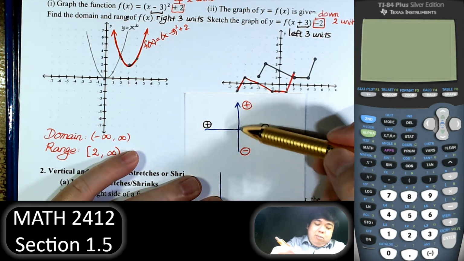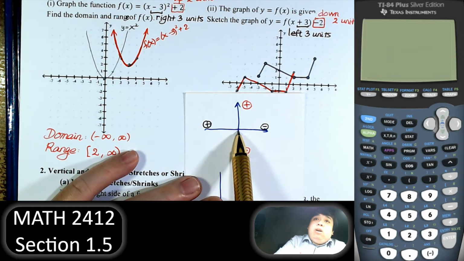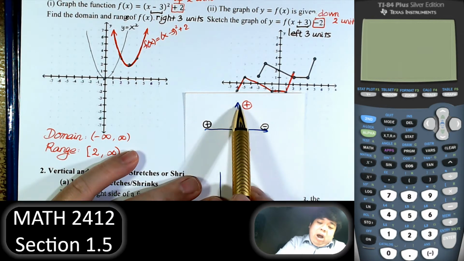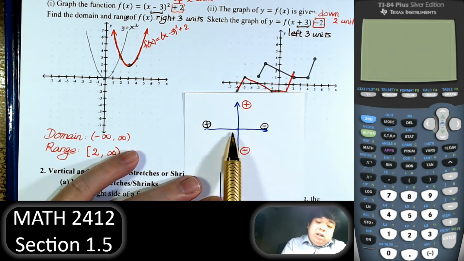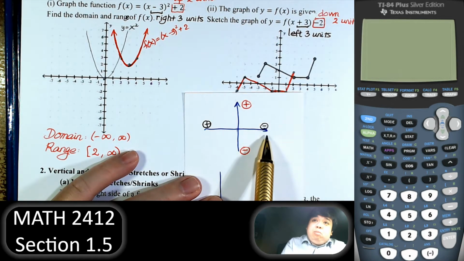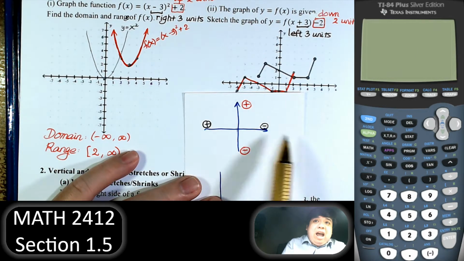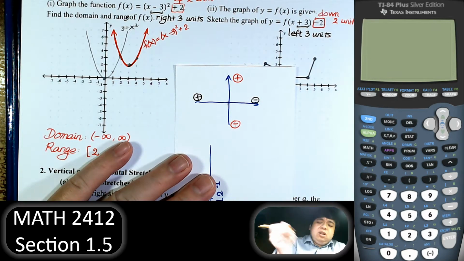On the y-axis, positive on the top, negative at the bottom. That makes perfect sense. On the x-axis, positive is supposed to be on the right and negative on the left. But on the x, it works backward. They'll say, why is that? Now, it's very simple.